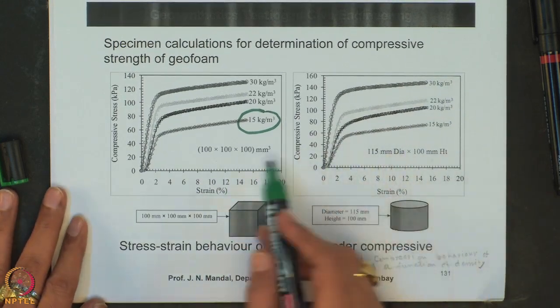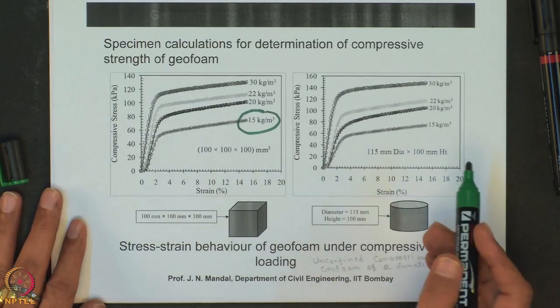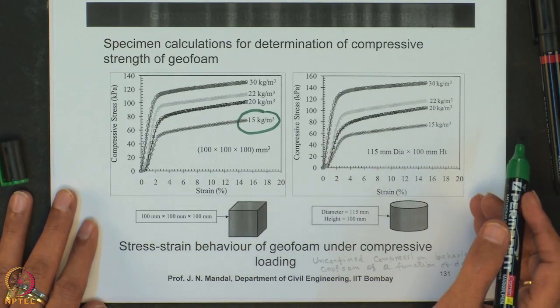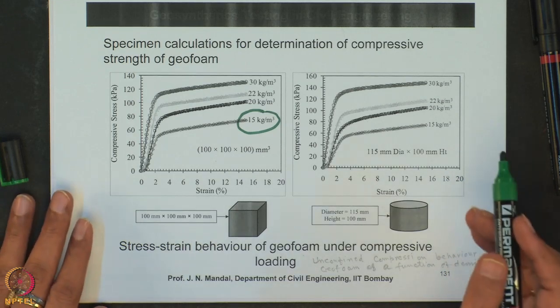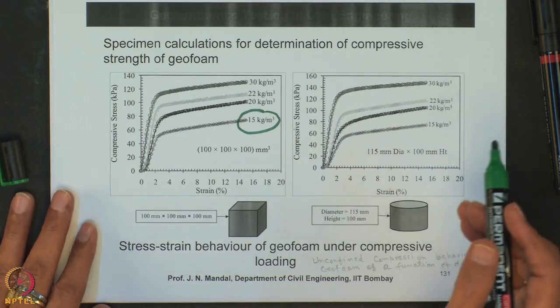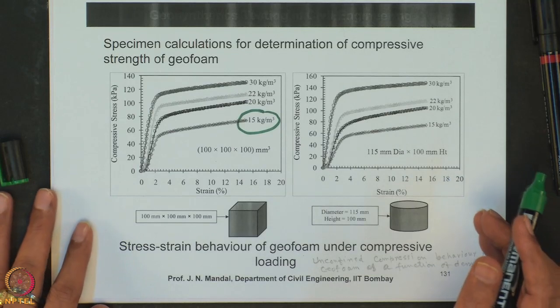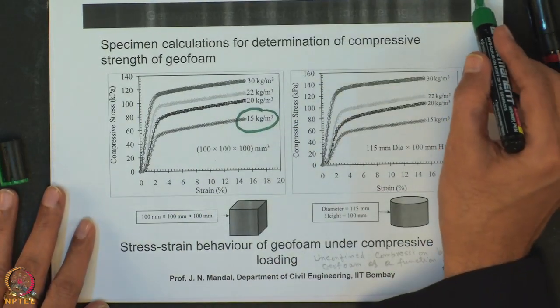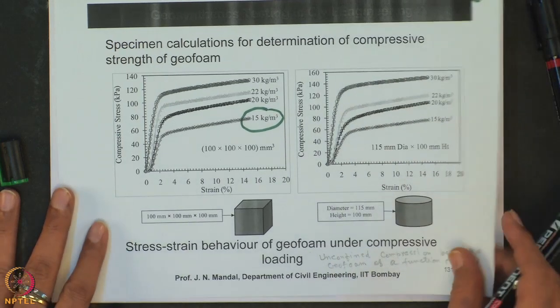You can have a look at the stress strain behavior of the geoform under compressive strain; these are all unconfined compression behavior of the geoform as a function of the density.